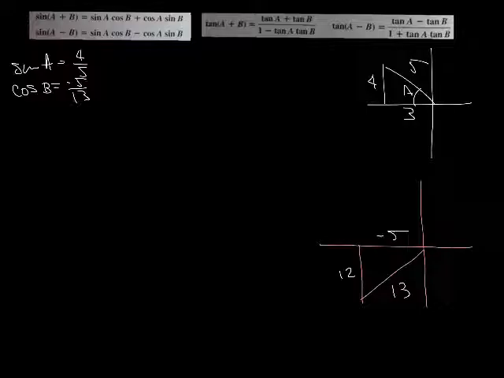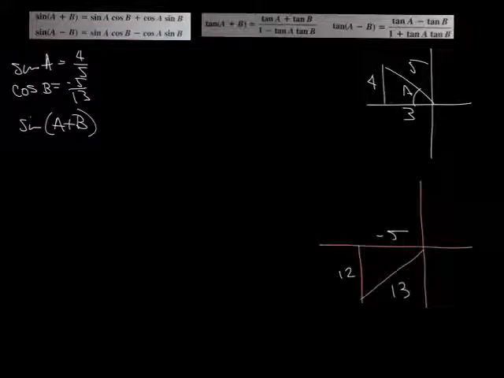They want us to find each of the following. First thing they want us to do is find the sine of A plus B. Alright, so what do we need to solve this? Let's pick a yellow here and write this down.